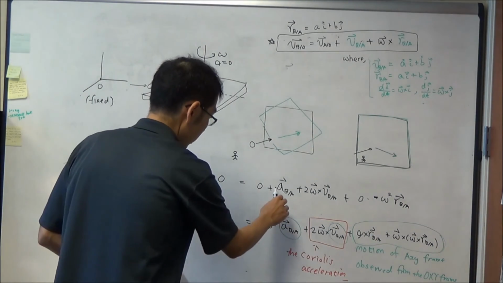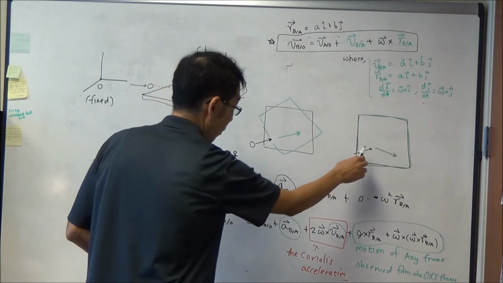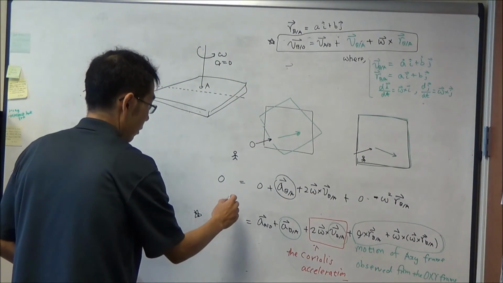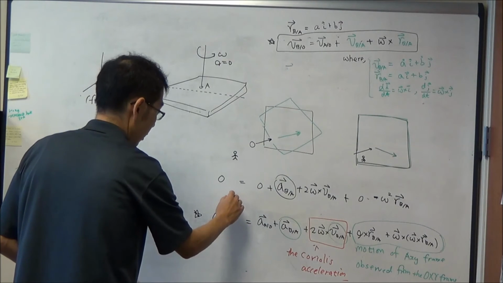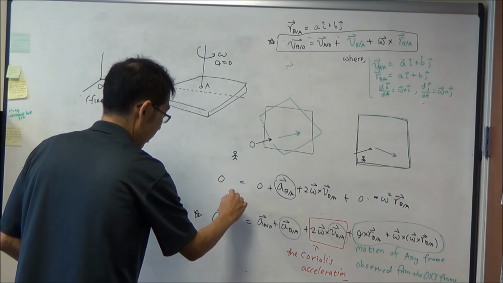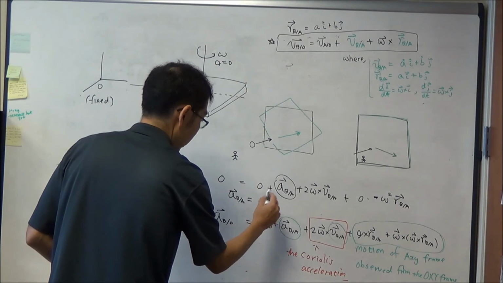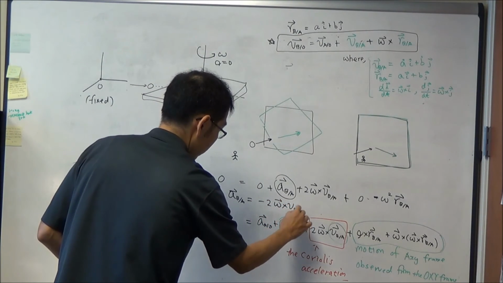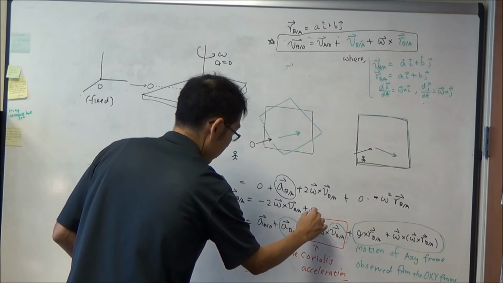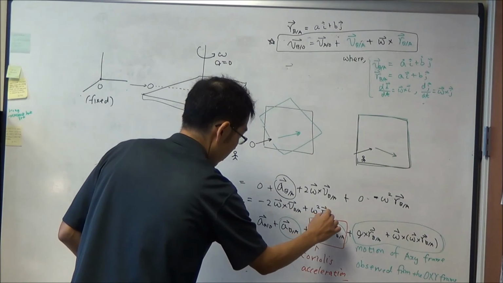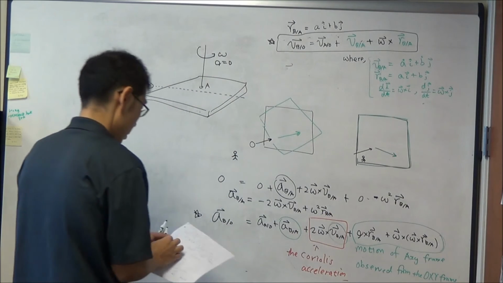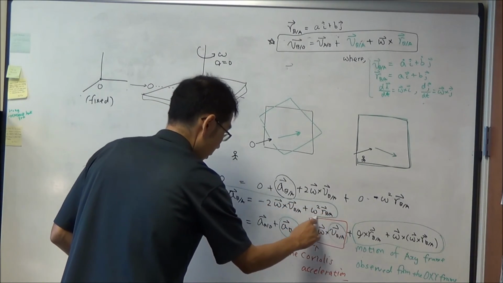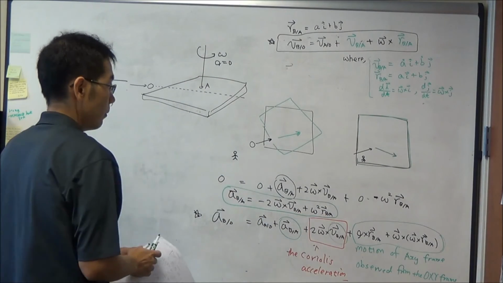So what is the acceleration of your ball with respect to your position A? So from here we can get a of B over A is equal to minus 2 omega and plus, so finally you have this term.